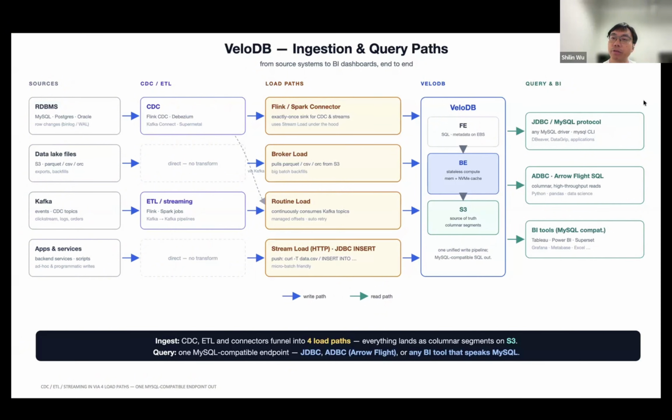Aerofly SQL allows you to read data from VeloDB in tens of gigabits per second, right? In a recent test, we achieved around 70-plus gigabits per second reading from VeloDB using SQL. And this is how our Flink connector and Spark connector read data out of VeloDB as well, right? Other BI and visualization tools can use the MySQL compatible protocol to connect to VeloDB directly.